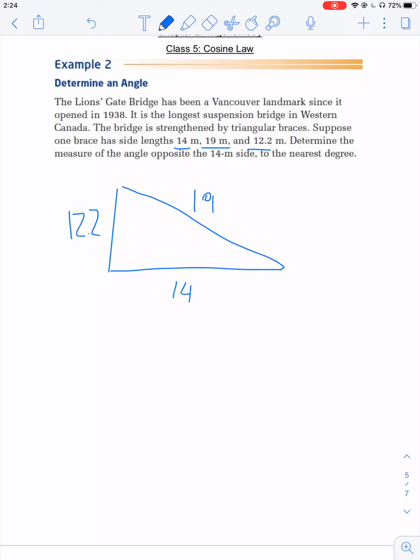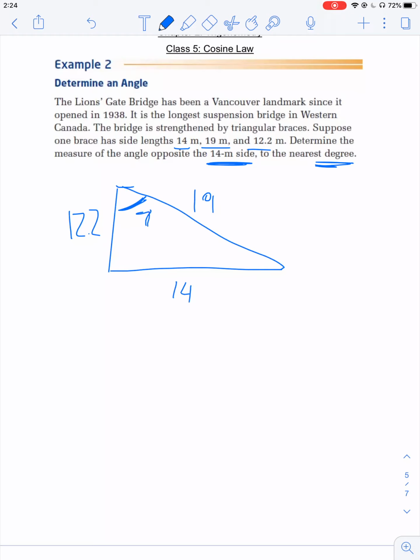Now what are they asking me? They are asking me to determine the measure of the angle opposite to the 14-meter side, to the nearest degree. So they're asking me to calculate for this angle.